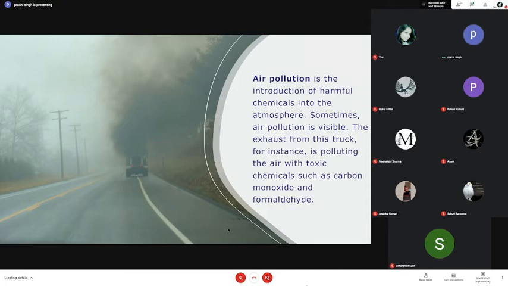Okay. Now, when I talk about air pollution, when is it said to be air pollution? When there are certain components in the air which start affecting our health, or which start affecting the overall chemistry of the air.